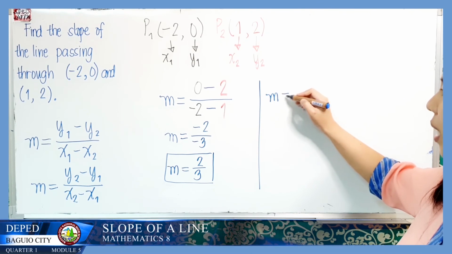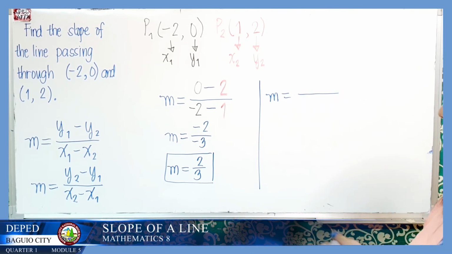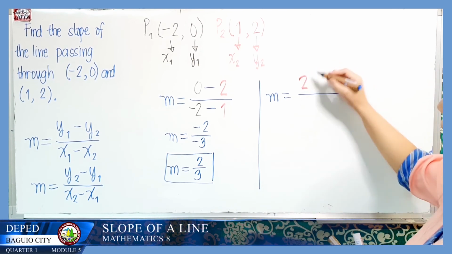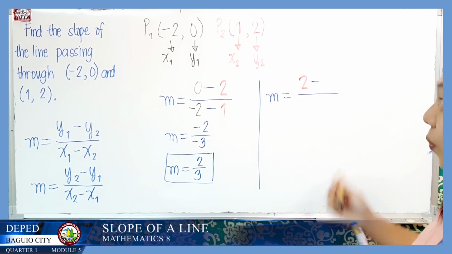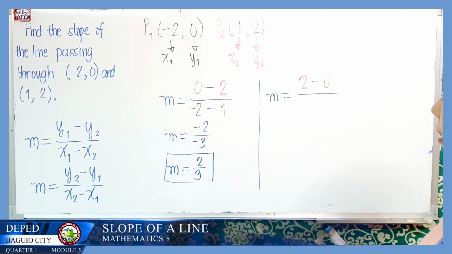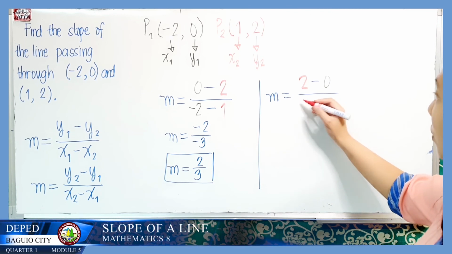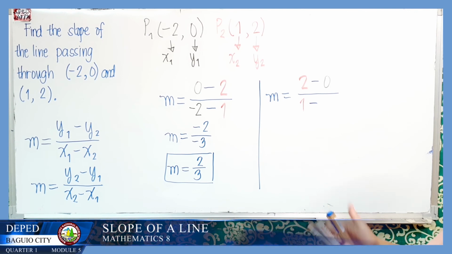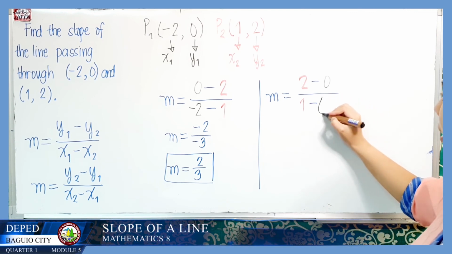The slope is equal to y sub 2, which is 2, minus y sub 1, which is 0, all over x sub 2, 1, minus x sub 1, which is -2.